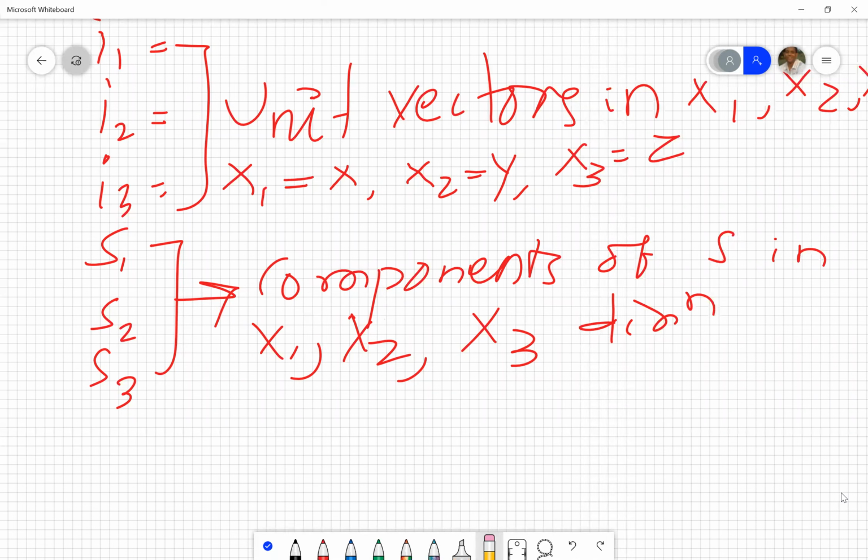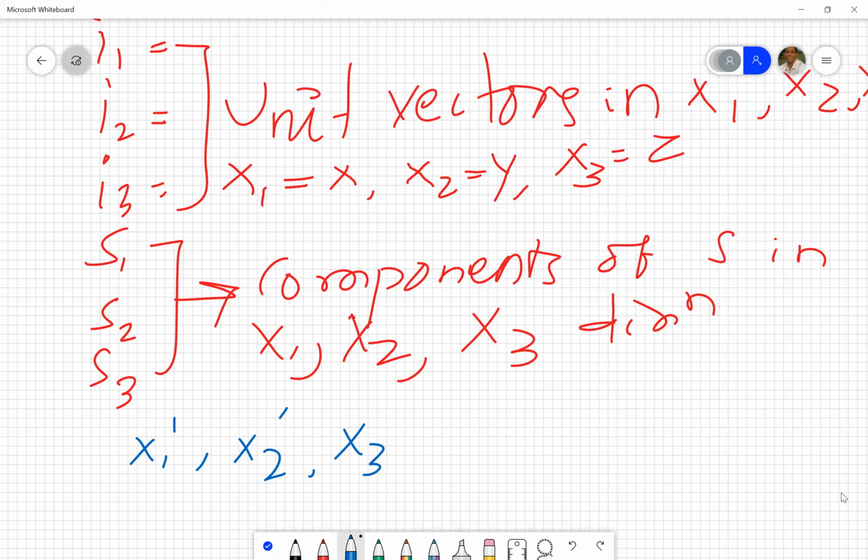Another thing is that we want to find the component of S in different directions, like x1 dash, x2 dash, and x3 dash.